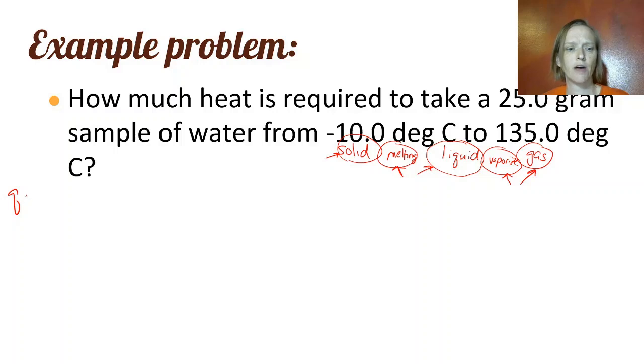So the Q value for solid water is going to be Cm delta T. So we're going to use the 2.09 for the specific heat capacity because that is the correct specific heat capacity for solid water, times my mass, which is 25.0 grams, and my delta T, which is, let's see, I'm starting at negative 10 and I'm going up to 0.